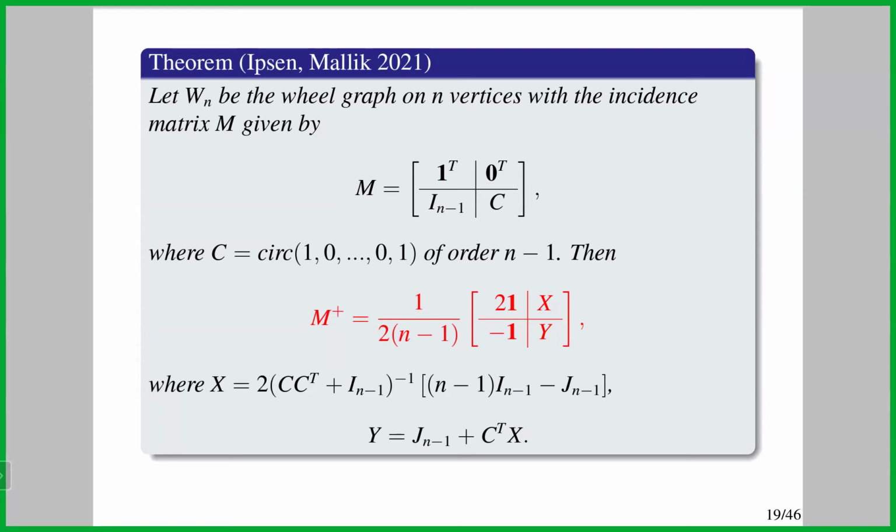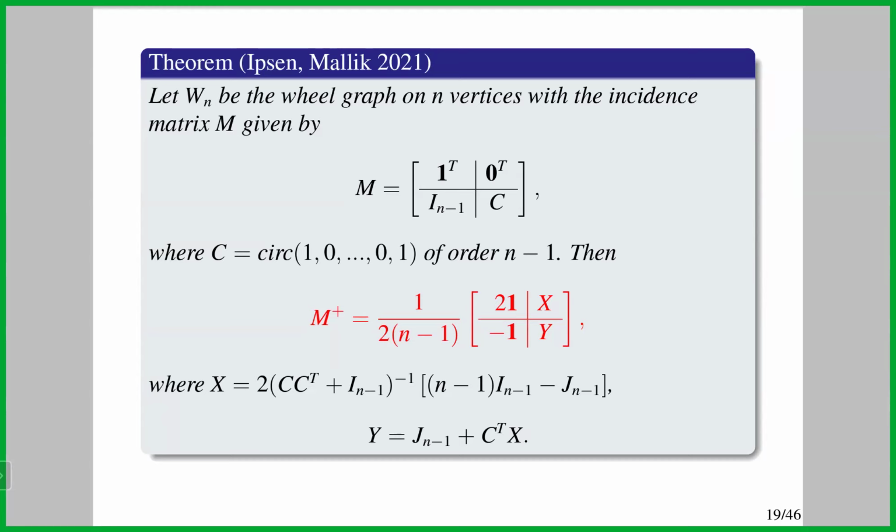And then if you find its inverse, M plus is going to be also a nice matrix, algebraically nice, where you can see that it has a nice block structure, and this 1-2 block is X, which is going to be a nice circular matrix given by this formula, and then the 2-2 block is Y, that is going to be another nice circular matrix.